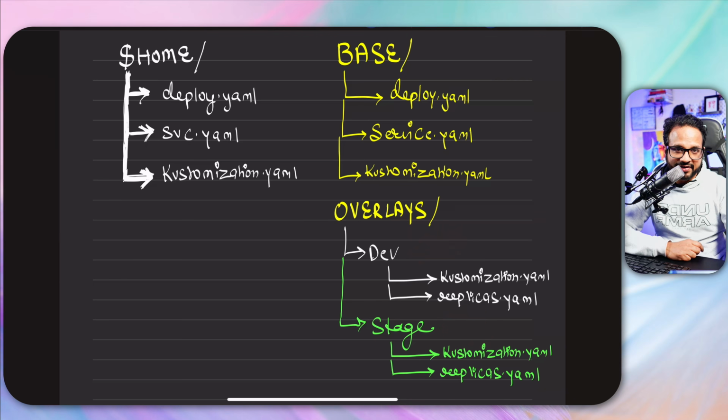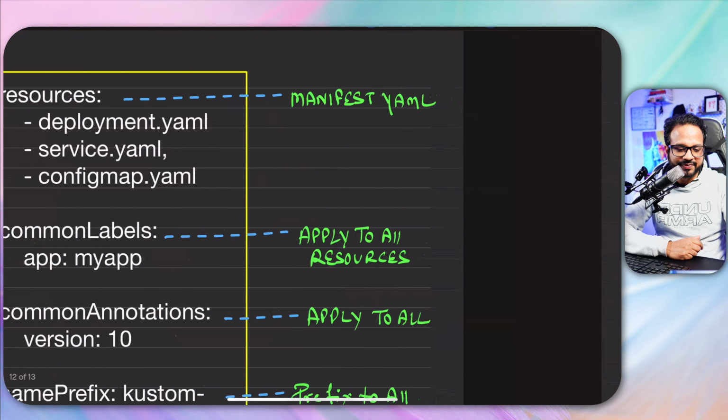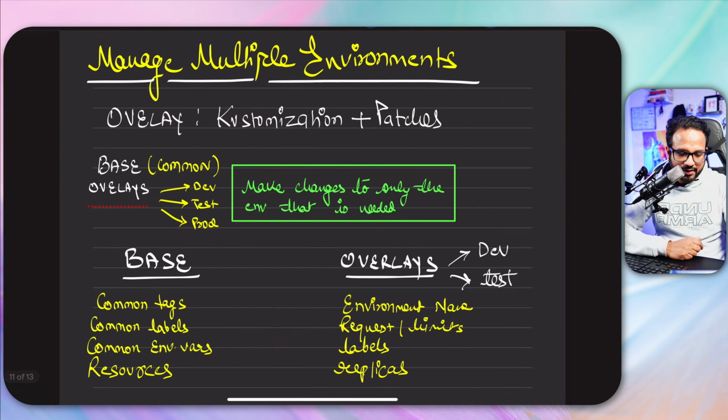So we define the container name, the image name, everything inside this base deployment YAML, right? And the environment specific configuration, for example the replicas, those changes we will be doing in this file over here, replicas.yaml over here and replicas.yaml over here in the different folders as well, right? So that's what we'll be doing now.